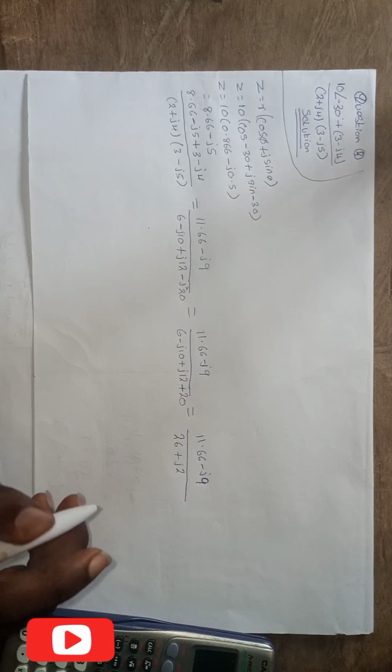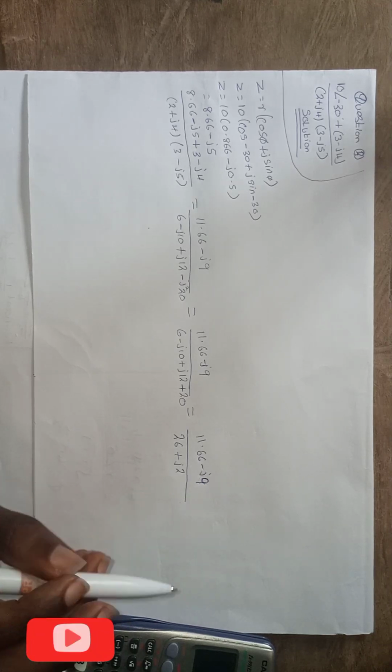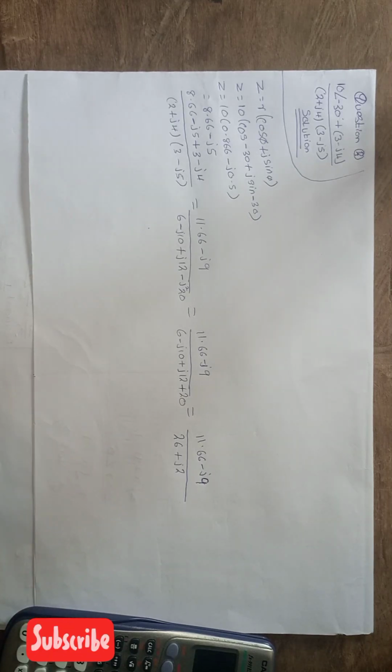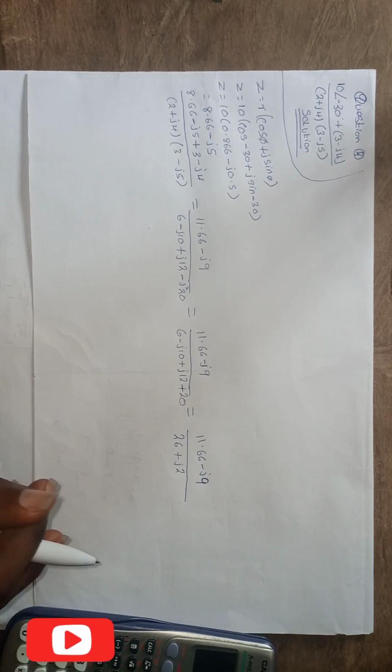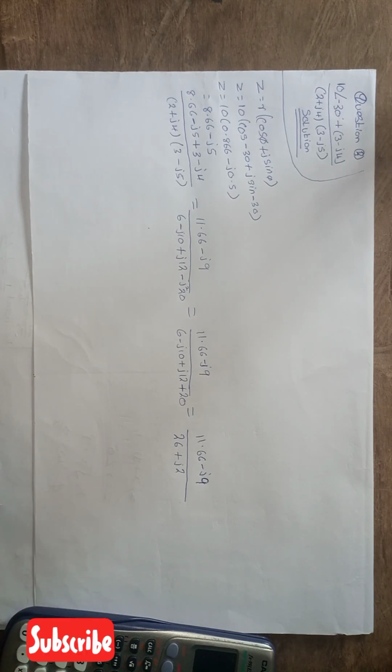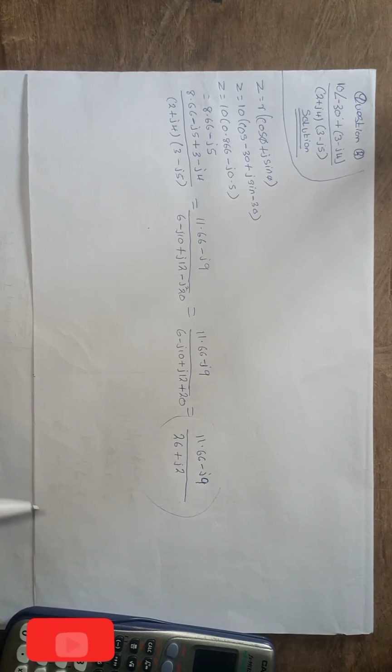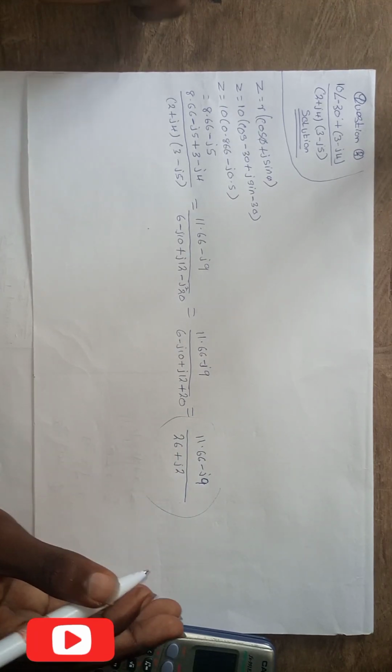Now we are going to divide them, but remember in our last class, we cannot divide in rectangular form. We only divide in polar form. So we have to convert this back to polar form.